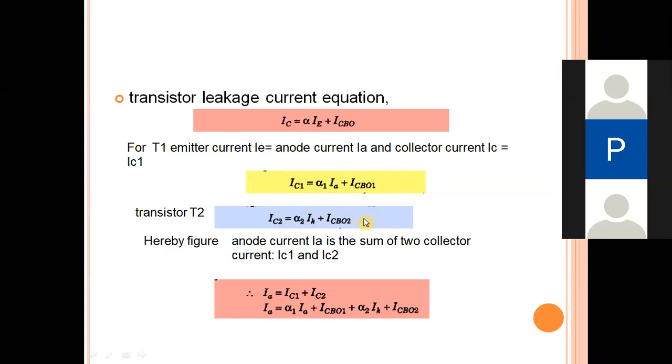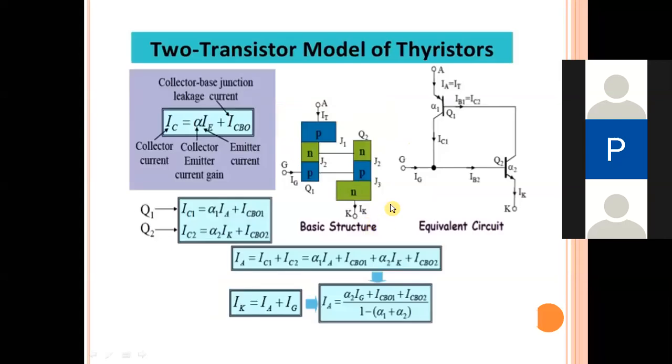Then we need to consider the total current which is provided into the circuit. The total current provided into the circuit is going to be IA. What is this IA? It is IC1 plus IC2, the total current entering from the anode.